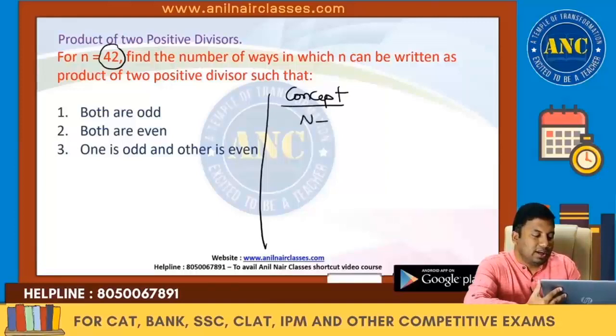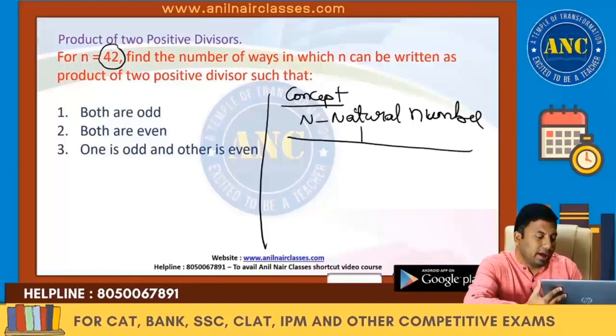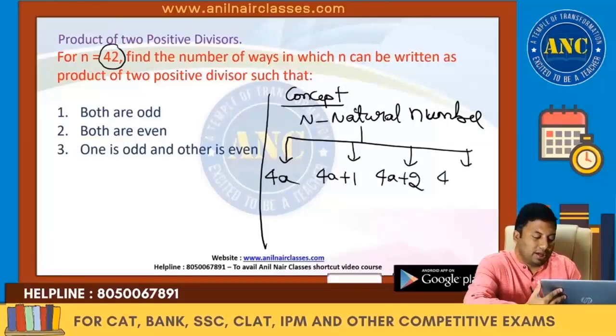N is a natural number. Listen carefully to this concept. If n is a natural number, it can have these cases. Either it will be divisible by 4, or it gives a remainder 1, or it gives a remainder 2, or it gives a remainder 3.